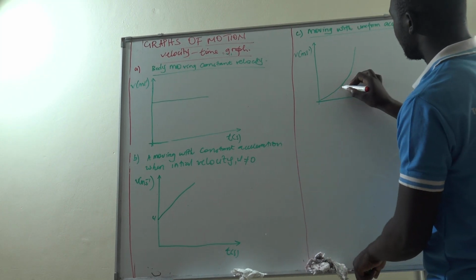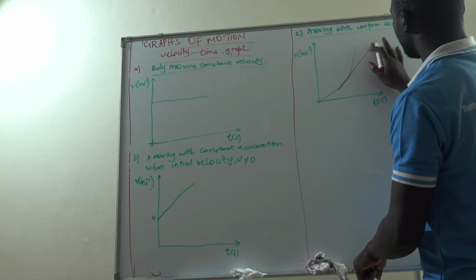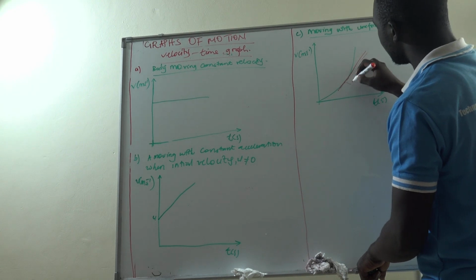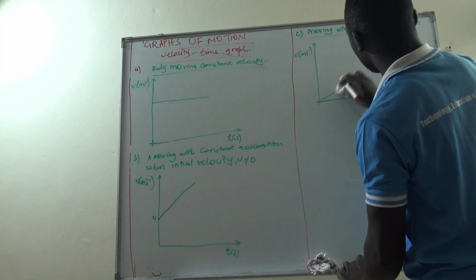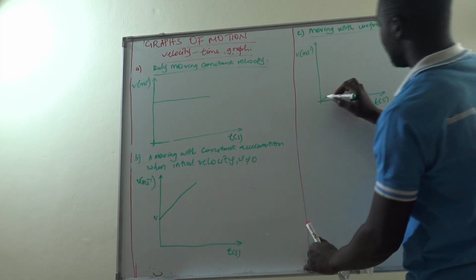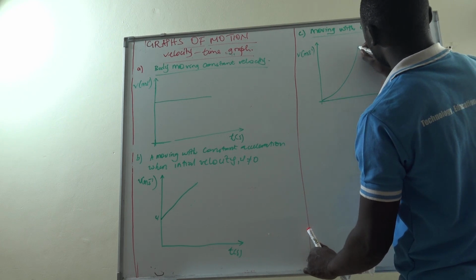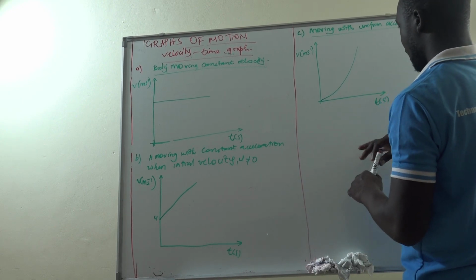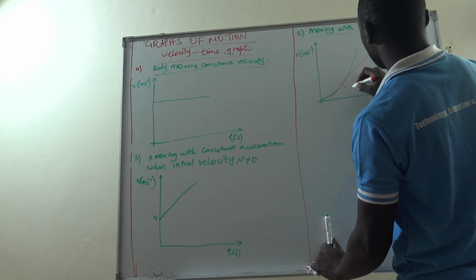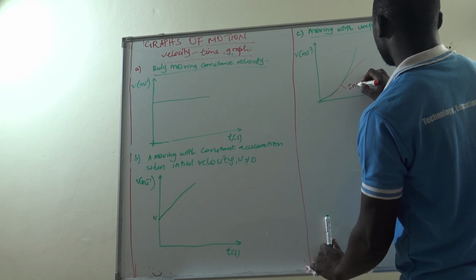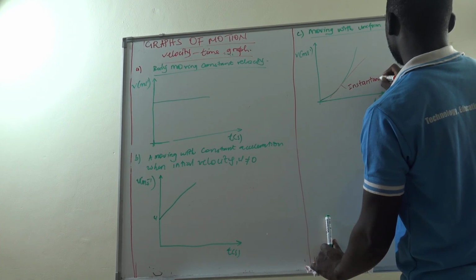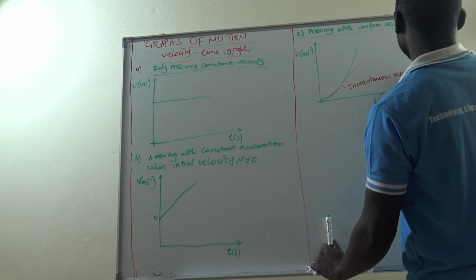If we happen to draw a tangent to this curve, if this is our graph and it is a curve, and you happen to draw a tangent at one point, at that point you get what we shall call instantaneous acceleration.